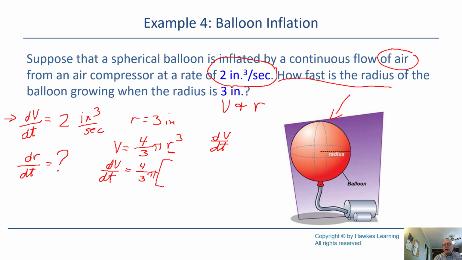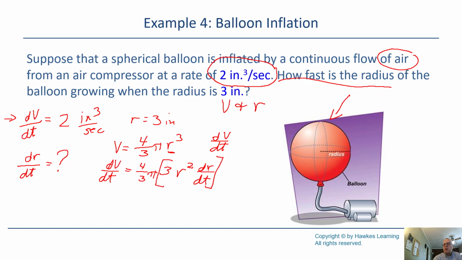So we'll bring the 3 out front, reduce the cube by 1. Now, we're differentiating with respect to time, so we have to think chain rule. So since it isn't time, it'll be dr/dt, which represents how fast the radius is increasing per unit time. And there's our formula.